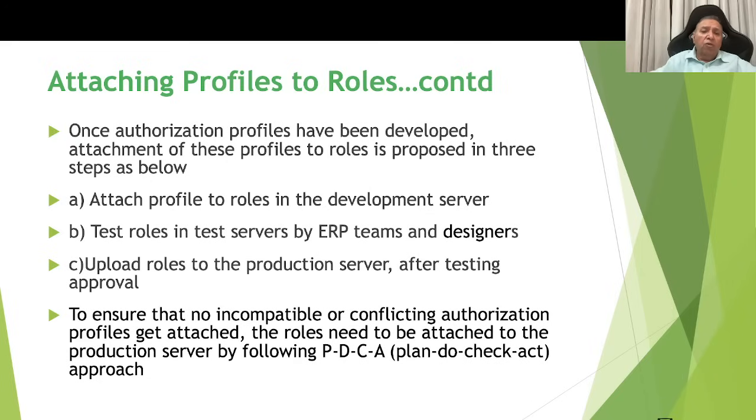This is to ensure that no incompatible or conflicting authorization profiles get attached. So the roles need to be attached to the production server or construction server by following what is called the PDCA concept, which is Plan Do Check Act. And I have personally experienced that unless these are assigned diligently, there can be a situation where work will get stopped because appropriate authorization profiles have not been attached to the roles.